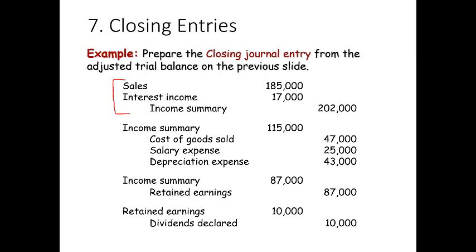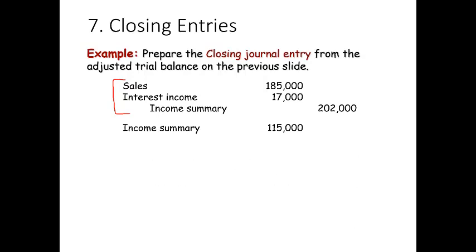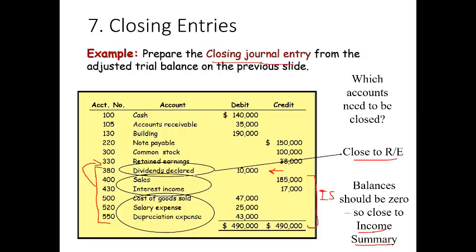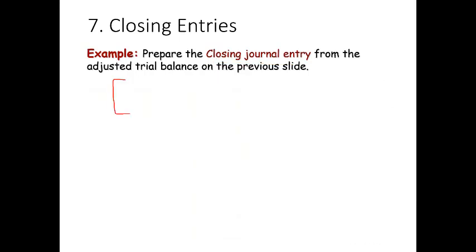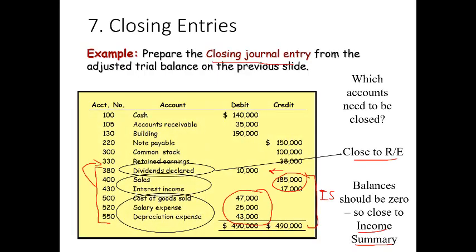Sales and interest income are debited because they had credit balances, right? And cost of goods sold, salary expense, and depreciation expense are going to be credited because they had debit balances. We want those balances to be zero, right? And the balance here is going to be debits minus credits, so we want that to be zero.